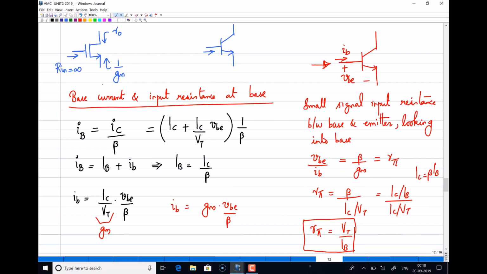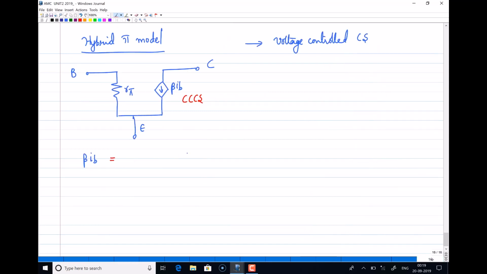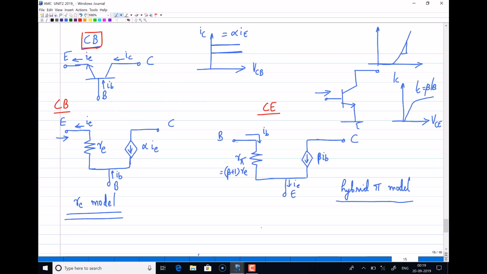Beta is Gm into Rpi. So I'll use that Gm into Rpi multiplied by this IB. IB is this current. Sorry, I forgot to mark the voltage here.